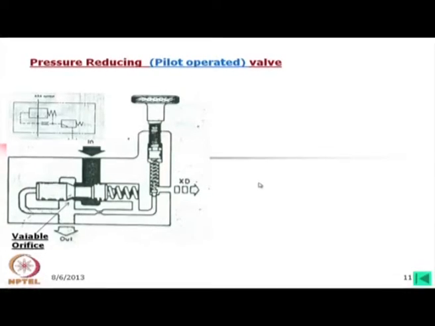Now, we will come to the pressure reducing valve. What is a pressure relief valve and what is a pressure reducing valve? A pressure relief valve is the valve where we relieve the flow if it is above the set pressure, whereas in a pressure reducing valve, from a system flow we can reduce the pressure to a desired pressure, we cannot increase it.